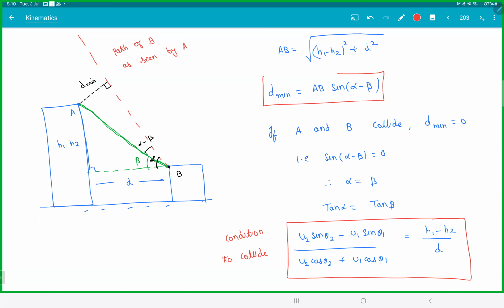This was your D minimum, and that's your condition to collide. Any doubts on this?